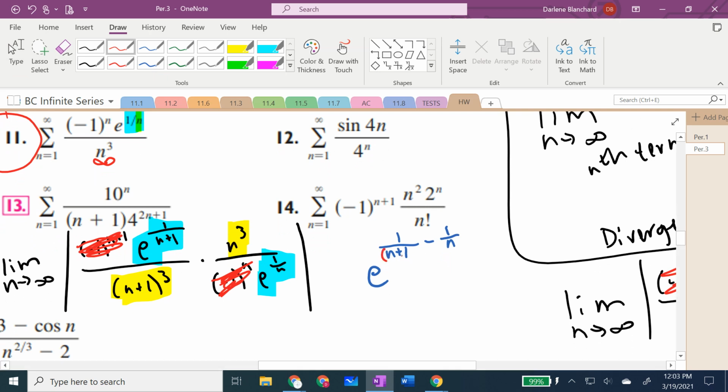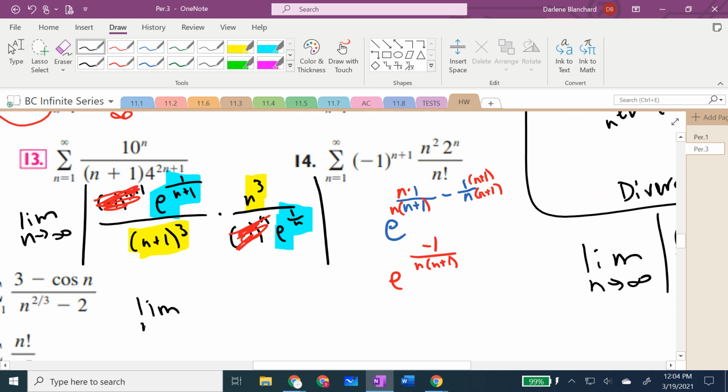And that means n times n plus 1. So this becomes e to the power of common denominator, and then n minus n plus 1. That's a negative exponent.